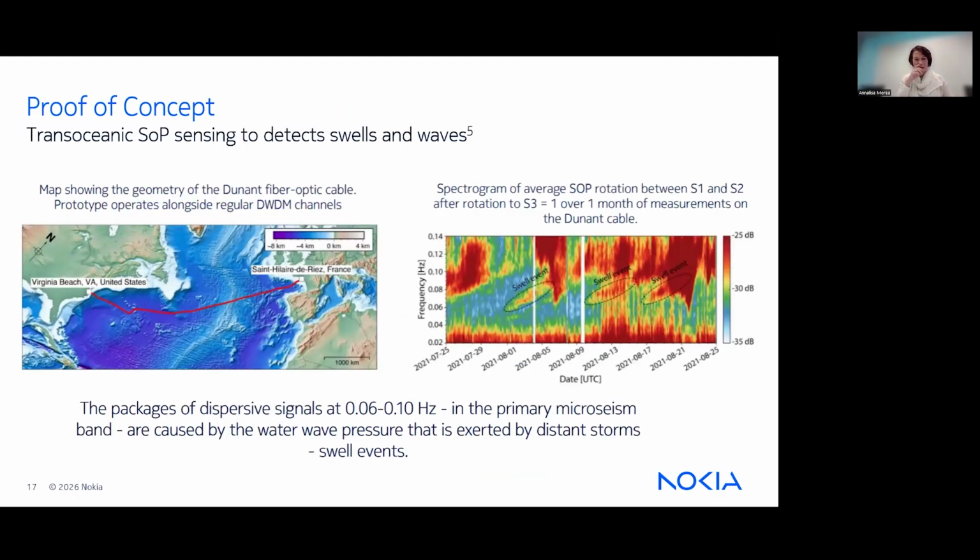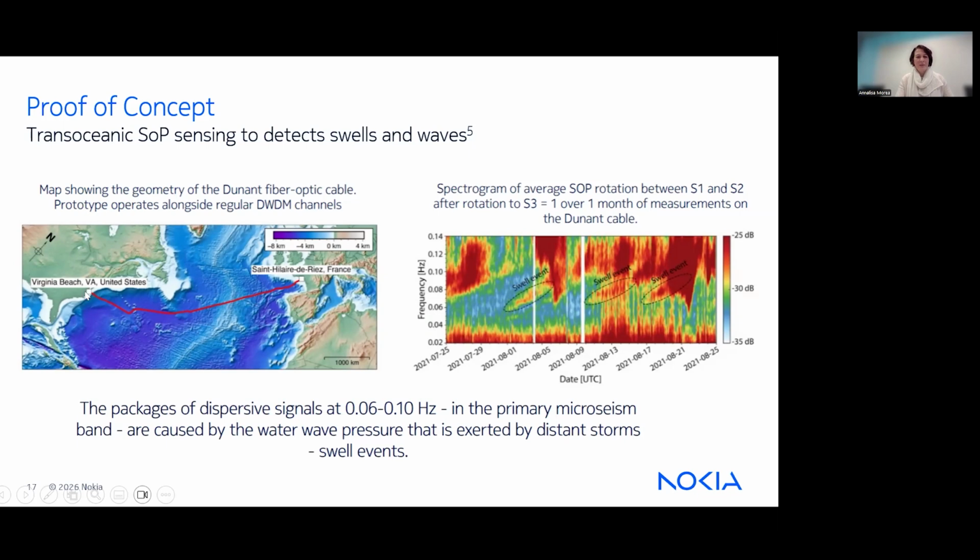Here in this slide, I just want to show you that there are different field trials about the proof of concept exploiting this forwarding SOP sensing, and these are some examples of a transoceanic detection of some waves and swells.